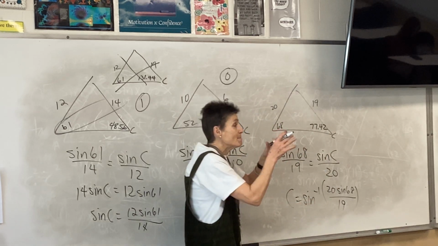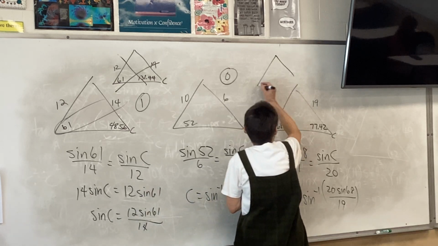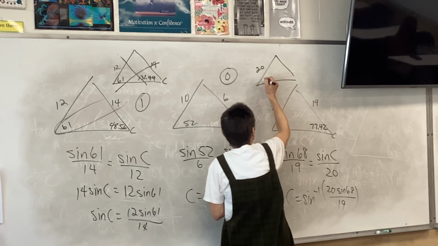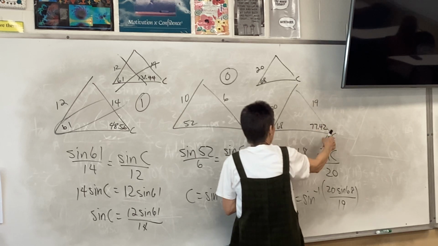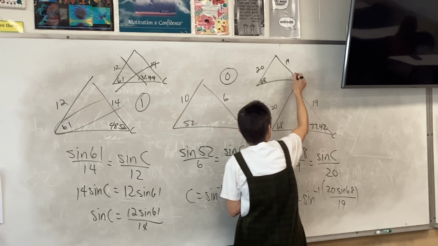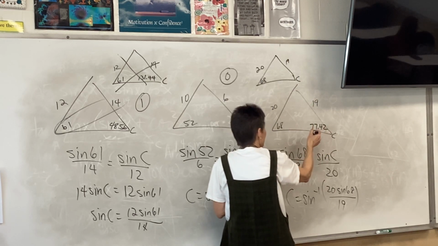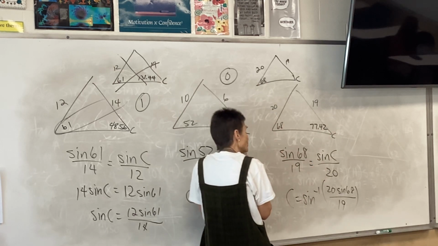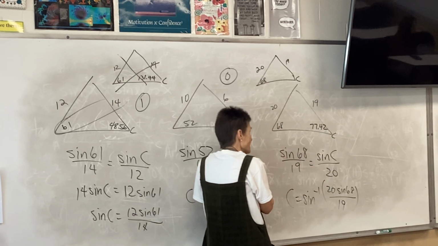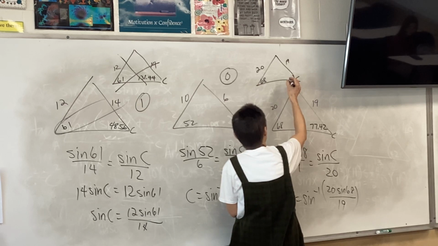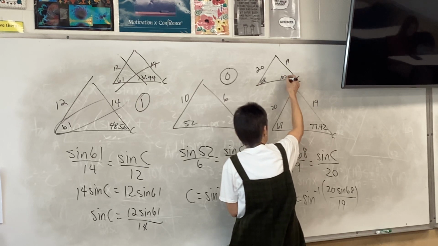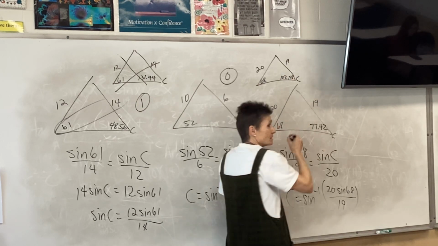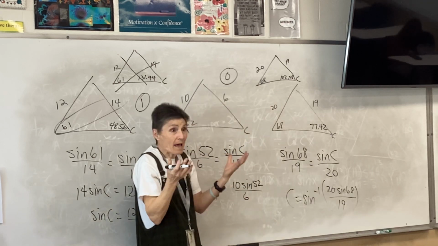So then immediately you ask yourself, could I have another angle C in this triangle that instead of being 77.42, it's 180 minus that, which is what? 102.58? Is that doable?